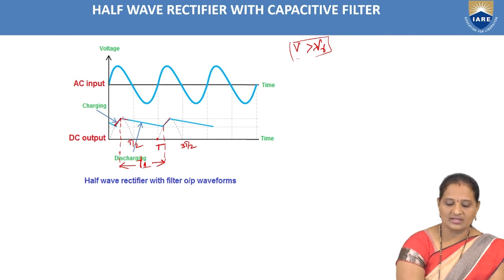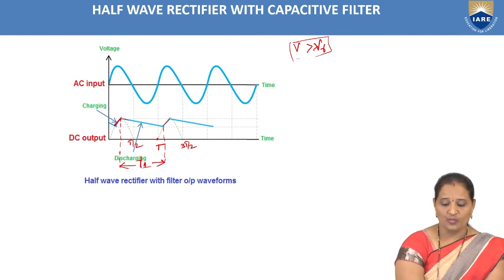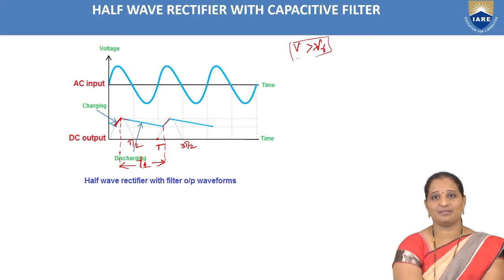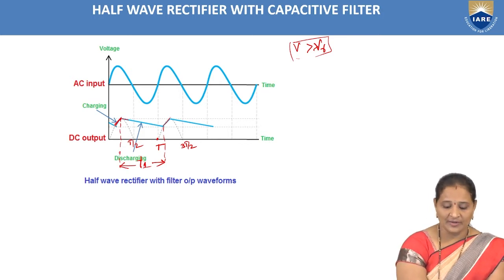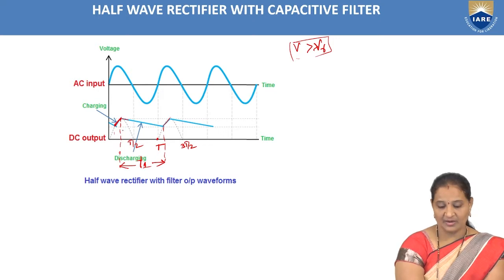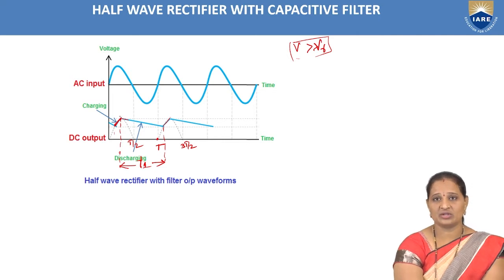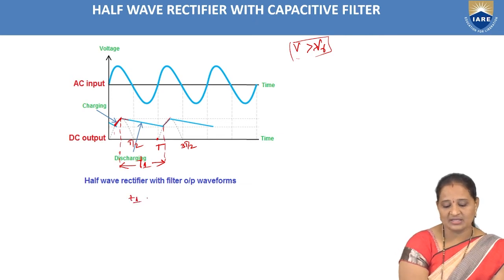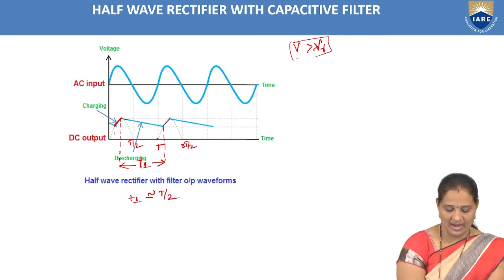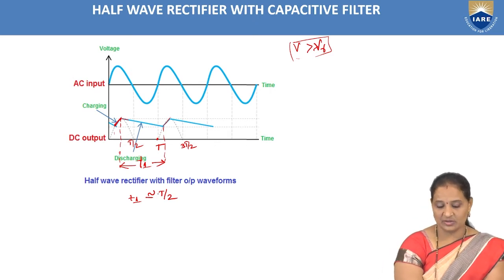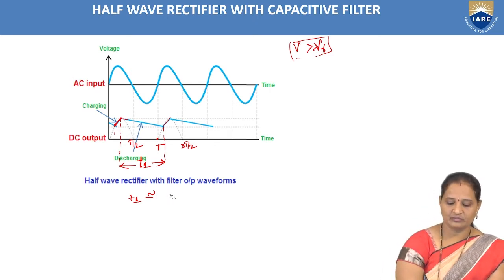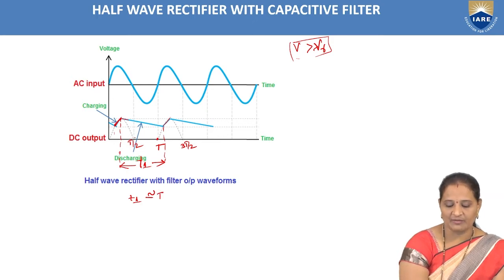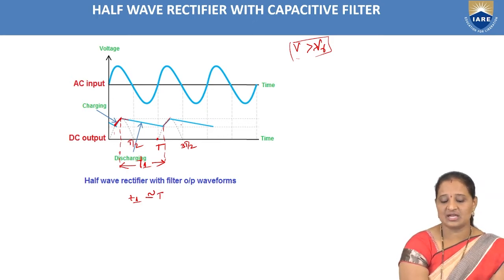If you consider the charging time period, it is very much less than the discharging time period, and this is the entire period of the waveform. Considering the difference between the charging time constant and the discharging time constant, we can say that the time period T1 is approximately equal to T. The charging time period plus the discharging time period is equal to T, that is T1 plus T2.